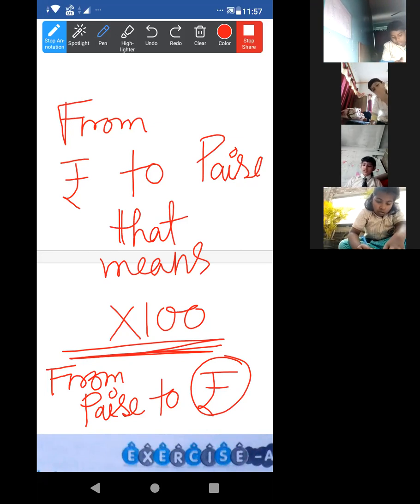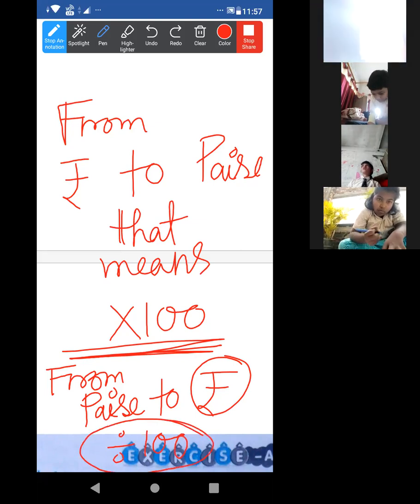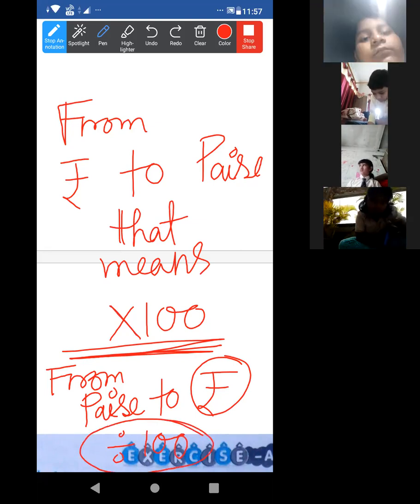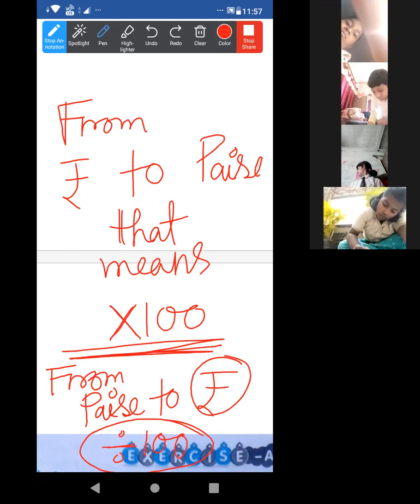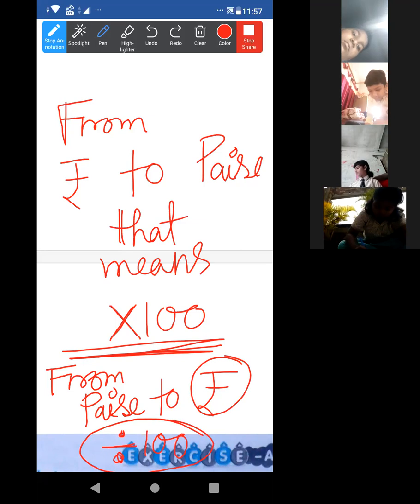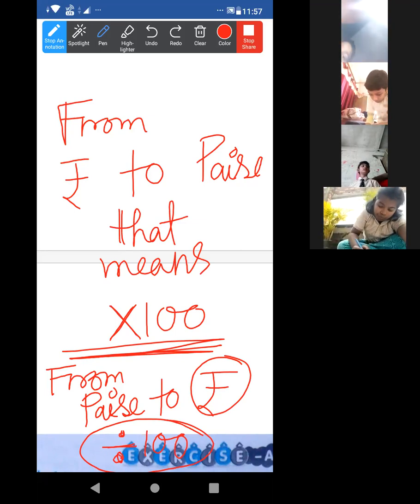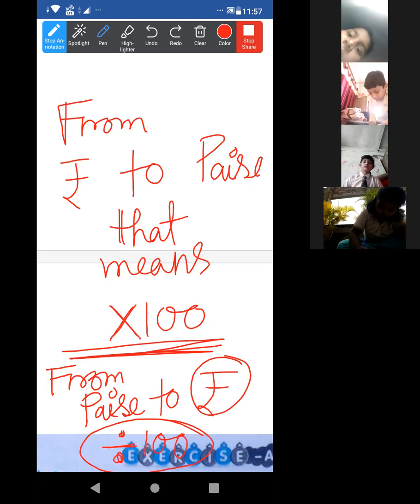From paise to rupees, then we will have to divide by 100. Divide by 100. This one means multiplied by 100. This one means divide by 100. Understood? Now I am showing you some questions. Then it will be very much clear to you.